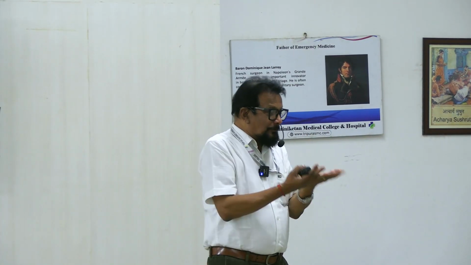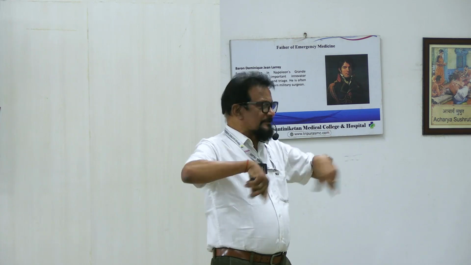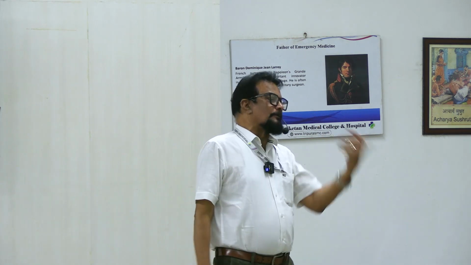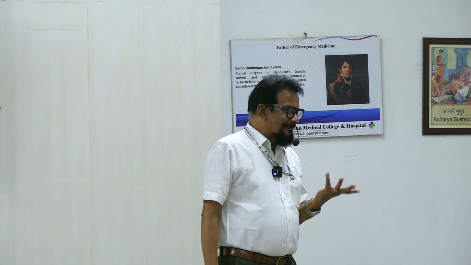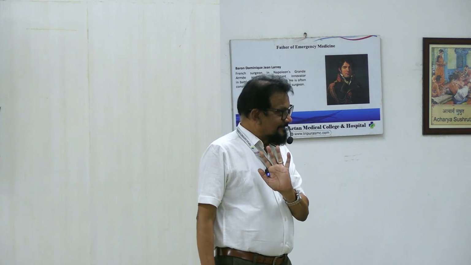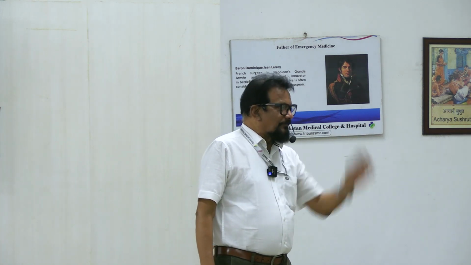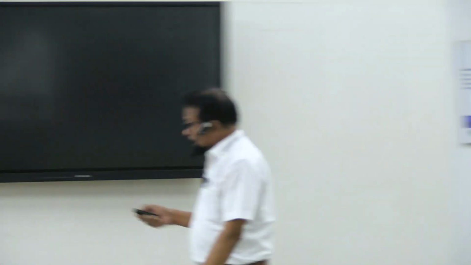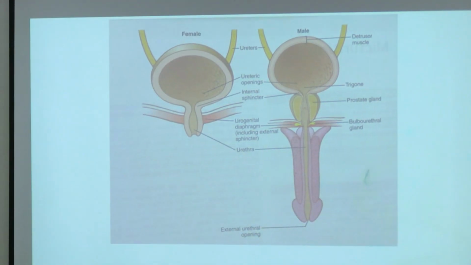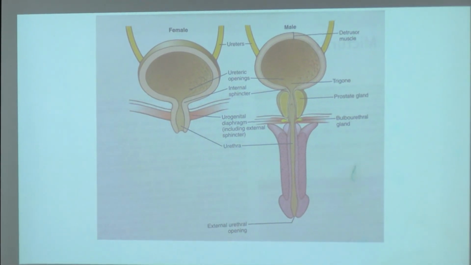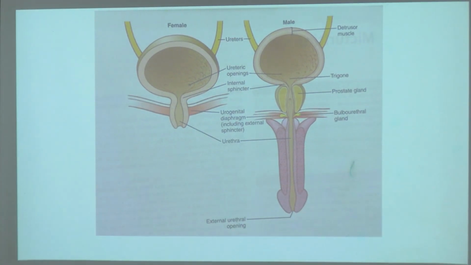When there is any abnormality and no such ability, you will not be able to control, and there will be incontinence or dribbling of urine. These are the detrusor muscles, the outside covering, and inside is made up of two layers of epithelium.